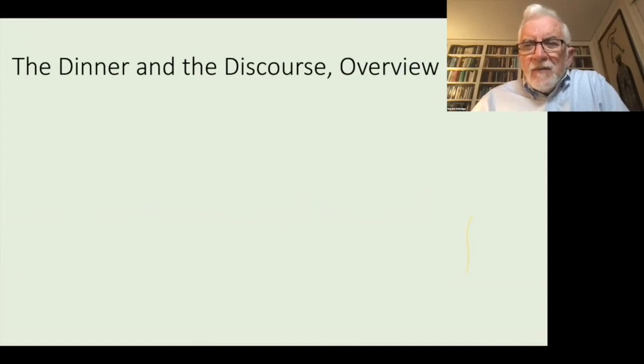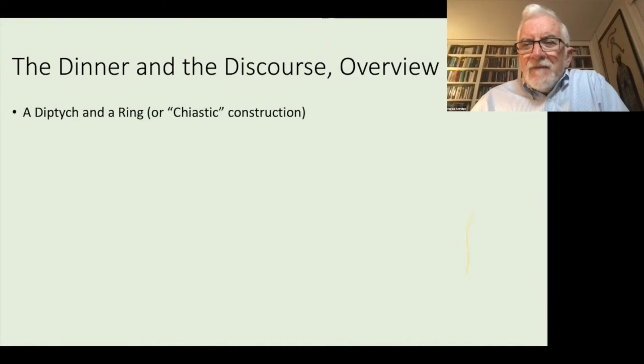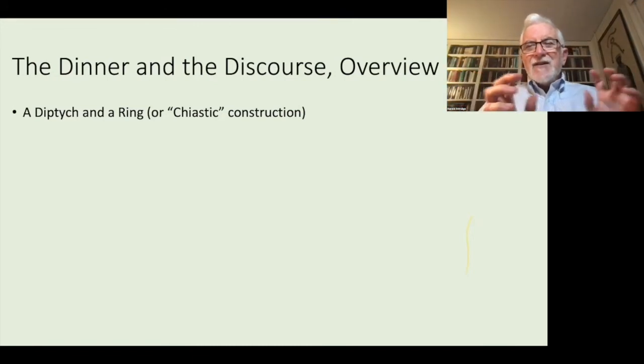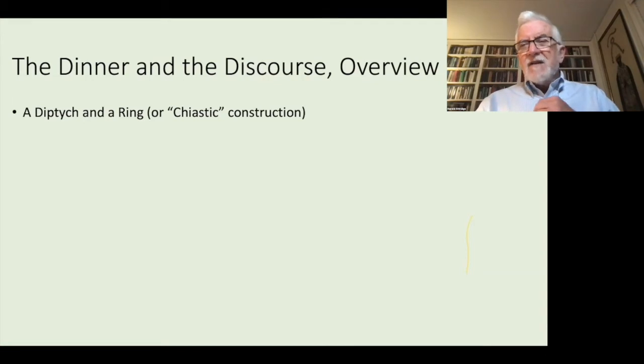So first of all, a little bit of an overview of what we get in the Last Supper and the farewell discourses. In terms of structure, I've been big on the notion that John likes diptychs, likes balanced pericopes that interact with one another in interesting ways. There's a bit of a shift that takes place in the second half of the gospel, and John, or the Johannine editors, if we have more than one, seem to begin to favor more of a chiastic or ring composition.